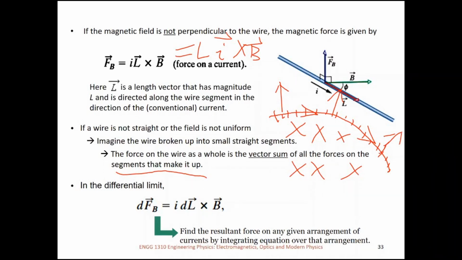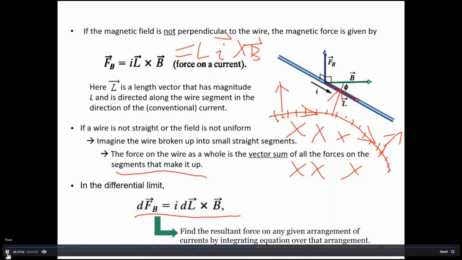In the differential limit, we can rewrite it as dF equals I dl cross product with B. Of course, sometimes B may not be uniform, so we should say B depends on the location.